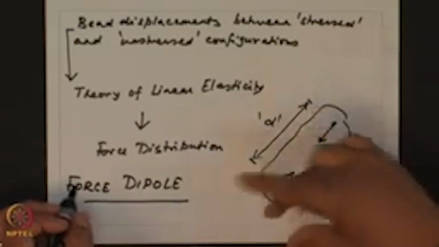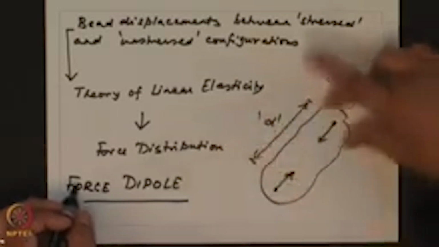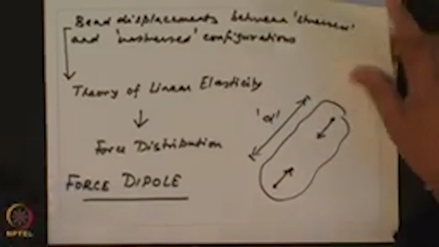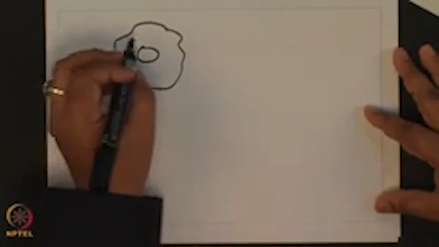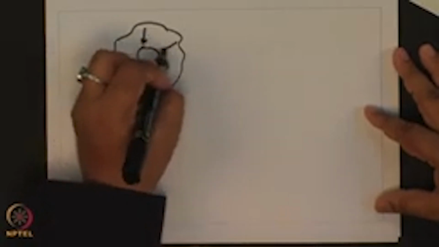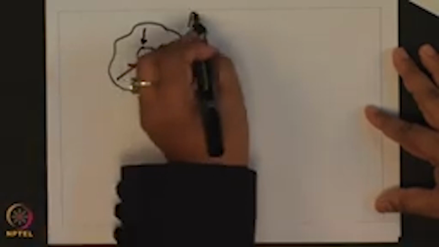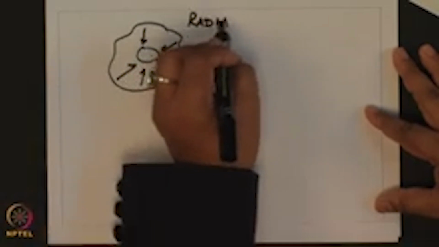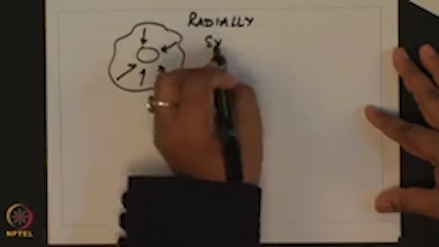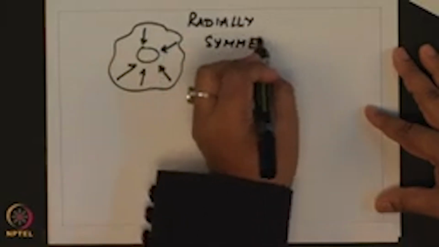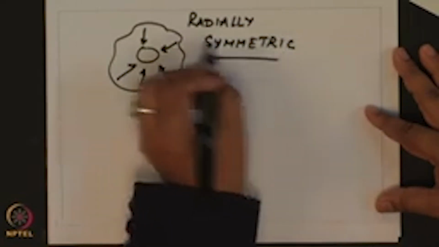This is applicable for cells which are elongated, like fibroblasts or muscle cells. Okay. If you were doing the same experiment for an osteoblast, the morphology of an osteoblast is more polygonal in nature, and if you look at the force distribution, you would see the force distribution as radially symmetric.